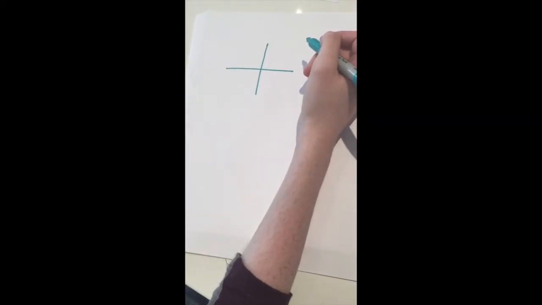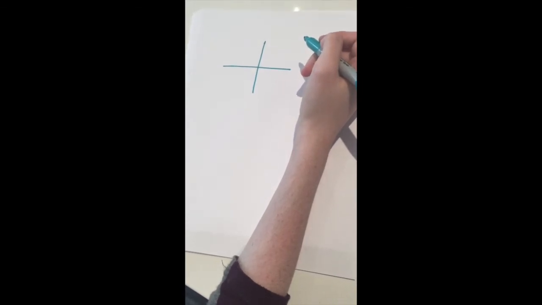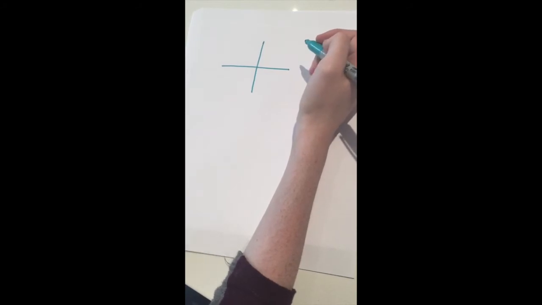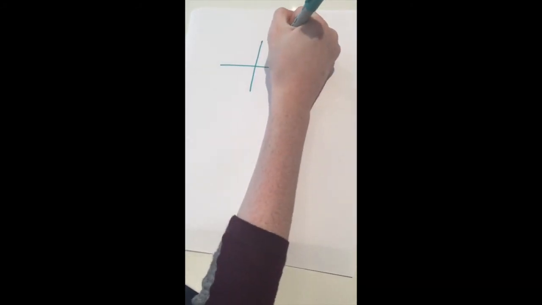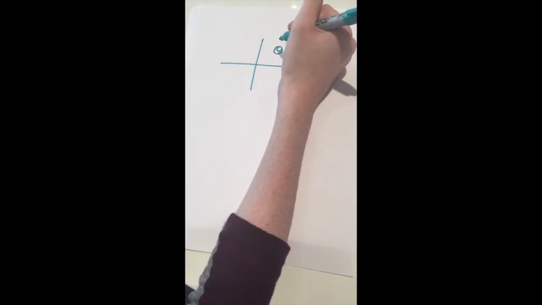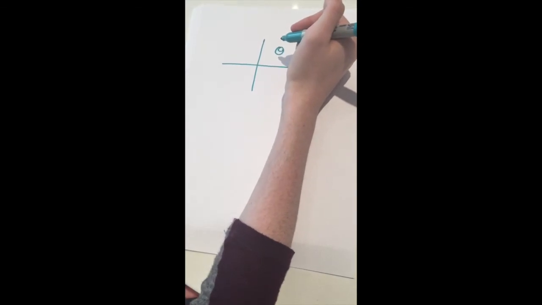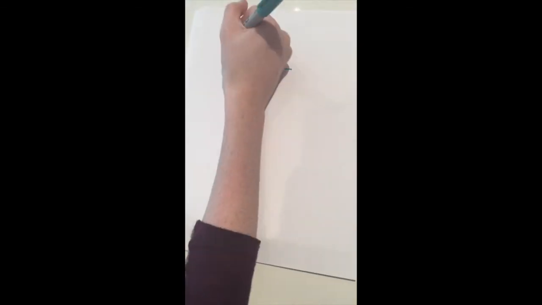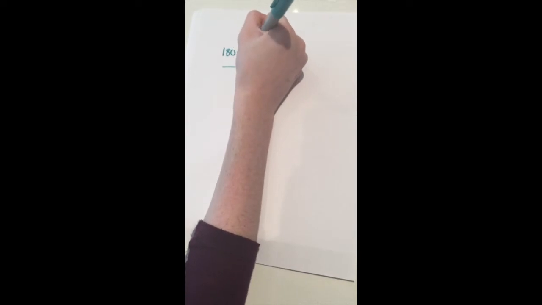The second thing you need to do is find the reference angle of a reference triangle. The way to find the reference angle is this pattern. In the first quadrant, the reference angle is the degrees in your equation, so theta. In the second quadrant, the reference angle is 180 minus the degrees, so 180 minus theta.